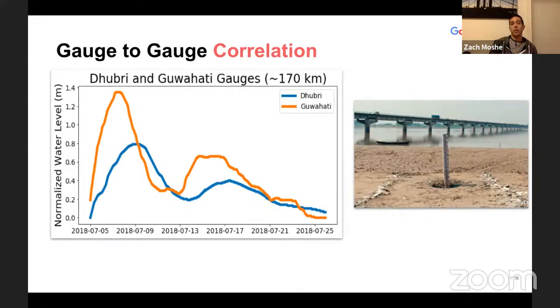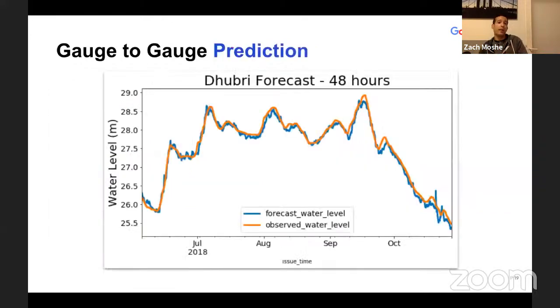And then you could ask, okay, if we can find these correlations between gauges, why not try to just use it for prediction? So what we did is we trained a multivariate linear regression, a simple one, no tricks applied, and we are trying to predict Dubri using information coming from its sources, from its upstreams here. And you get something like that.